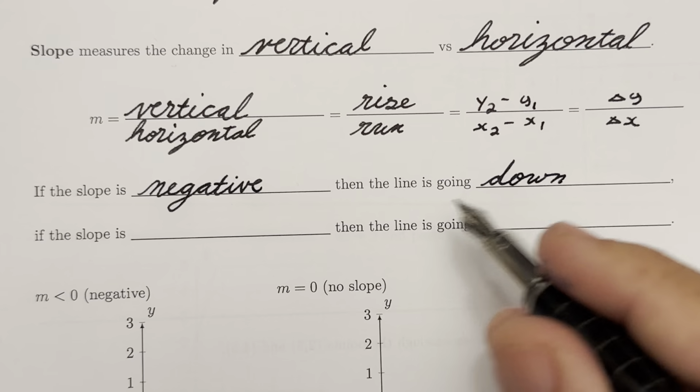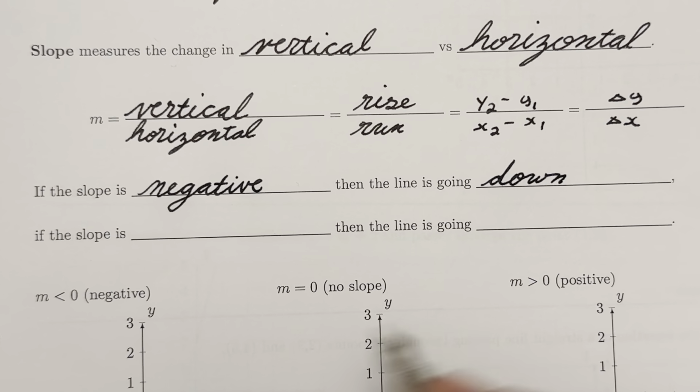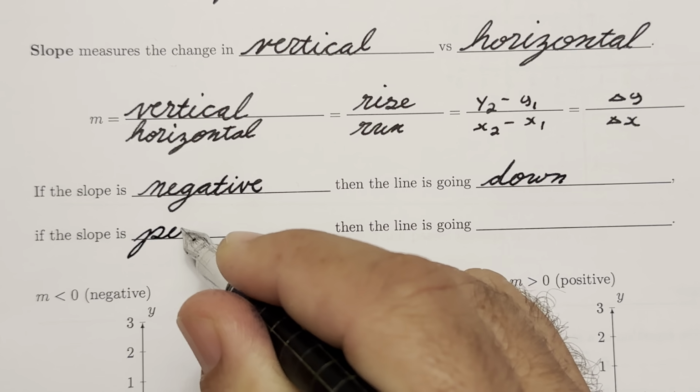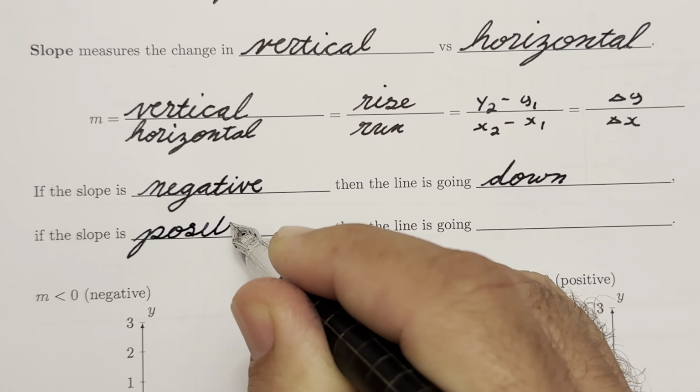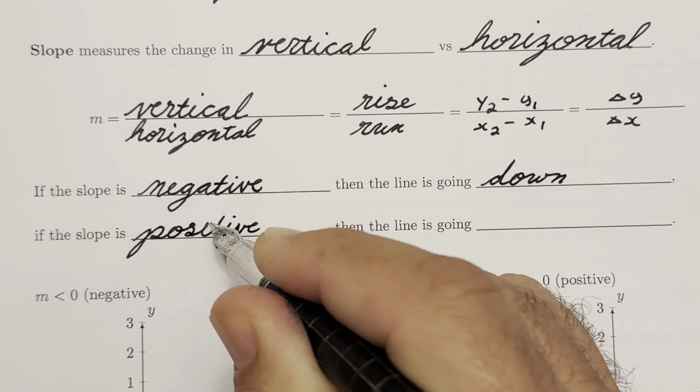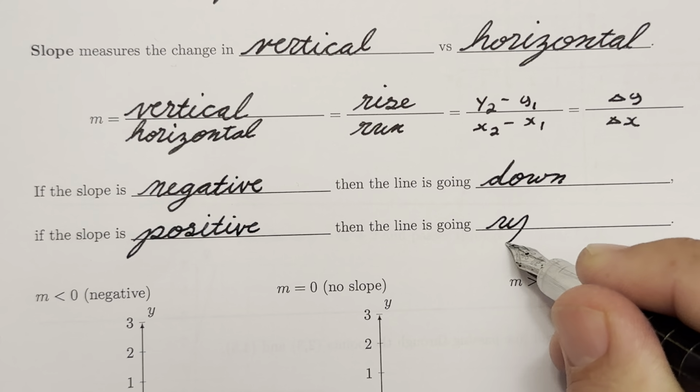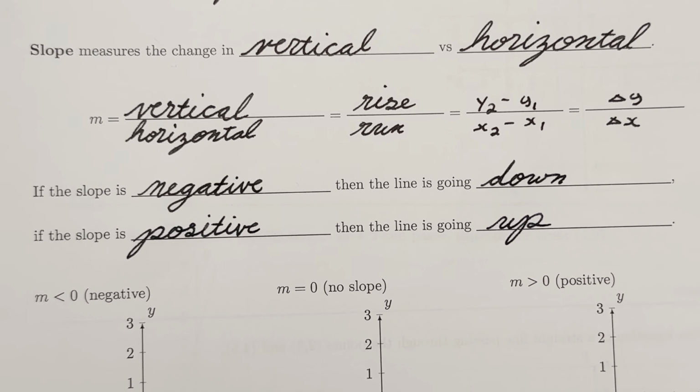As we move to the right, we're dropping down. If the slope is positive, then the slope is going up, right? As it moves to the right, you are going up the hill, not down this hill.